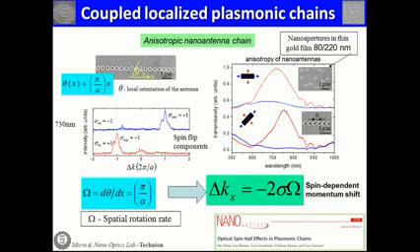Then we fabricated plasmonic chains consisting of anisotropic nanoantennas where theta is the local orientation of the nanoantenna. We used here a local orientation of the nanoantenna which varies linearly as a function of x. We illuminated this chain with spin up and spin down and measured the k-space, the far field of the spin-flip components.